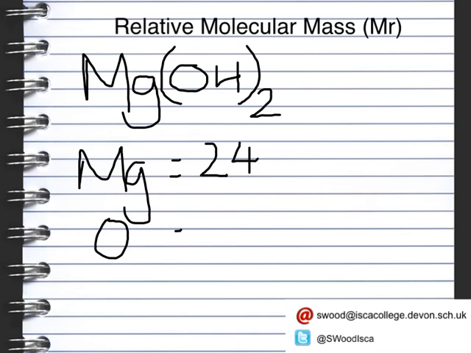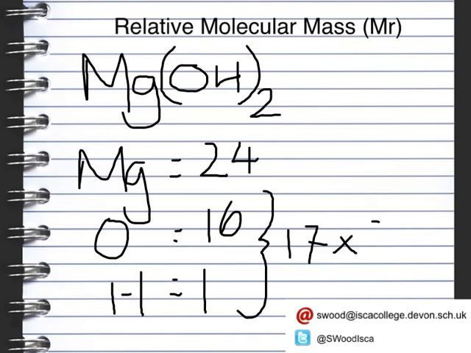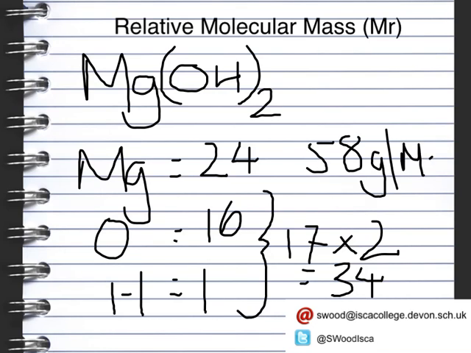O is equal to 16, and H is equal to 1. Now these we have 2 of. Now they add up to 17, and 17 times 2 is equal to 34. So 34 plus 24 is equal to 58 grams per mole.